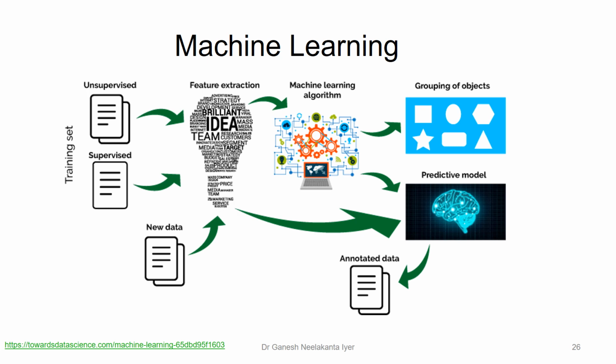Hopefully, I will work on uploading videos on some of these aspects in the future. So there are supervised and unsupervised algorithms which work with data to extract features, apply them on a machine learning algorithm, and understand the output. The output could be grouping of objects, predicting certain things, etc., etc.